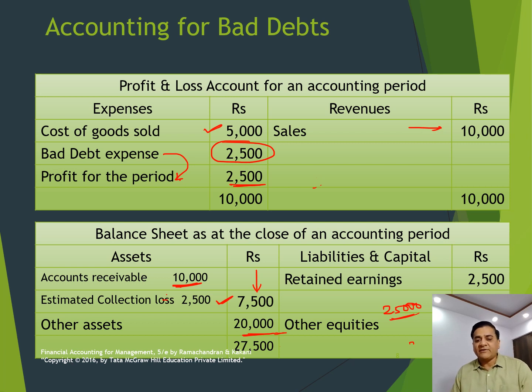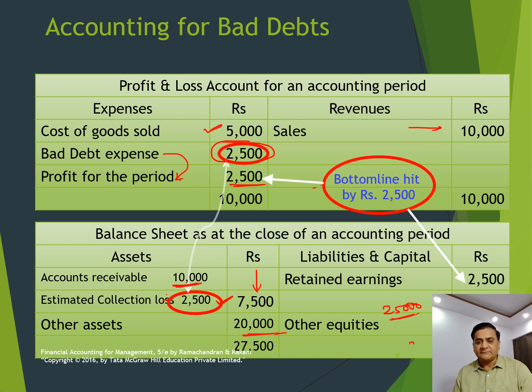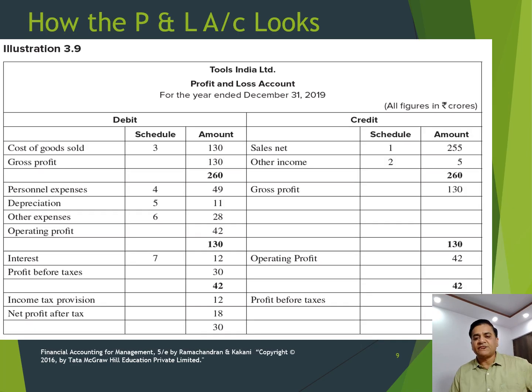Right? So my equity, which was supposed to be 27,500, has gone down by 2,500 because of the bad debts, which means the estimated collection loss of bad debts has reduced my profitability, or my bottom line, or my total profit for the period by 2,500.